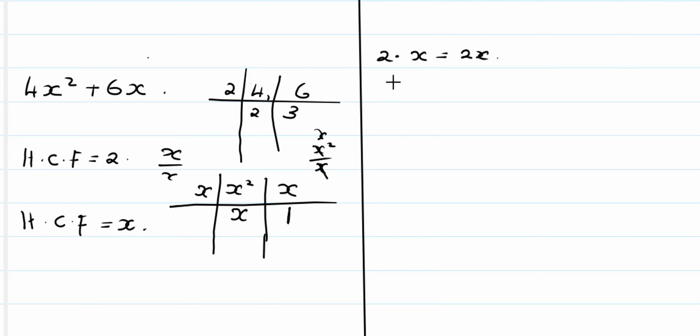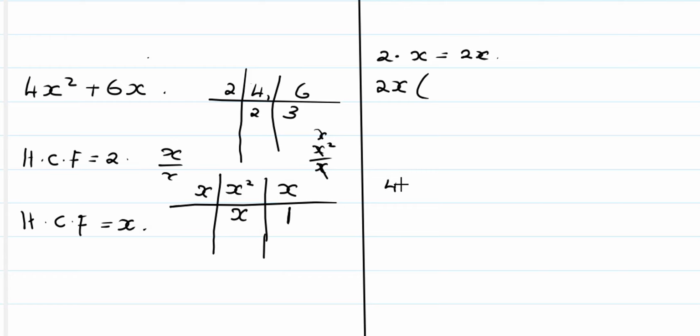Now that we have the combined HCF, we can factorize our expression. The first step is to put the HCF outside the brackets. Then in brackets, I take 4x squared and divide by this 2x.